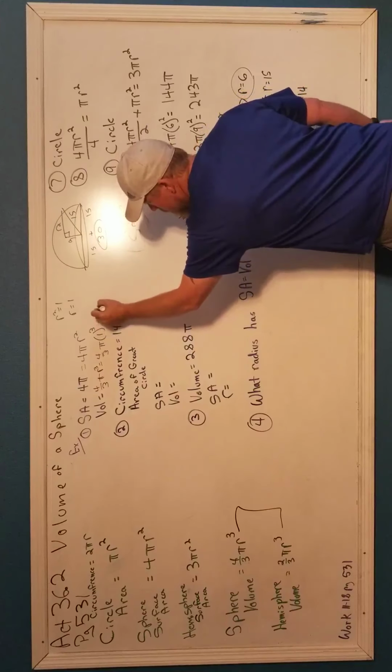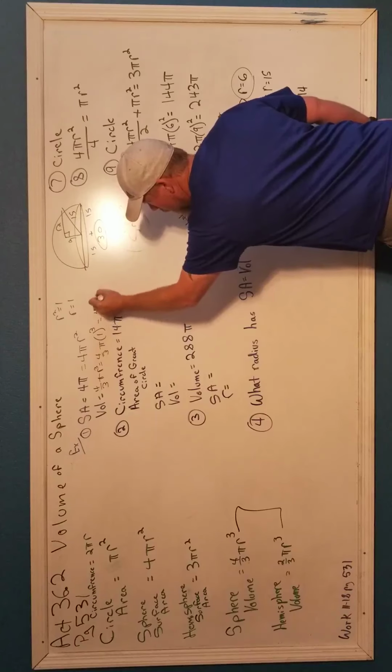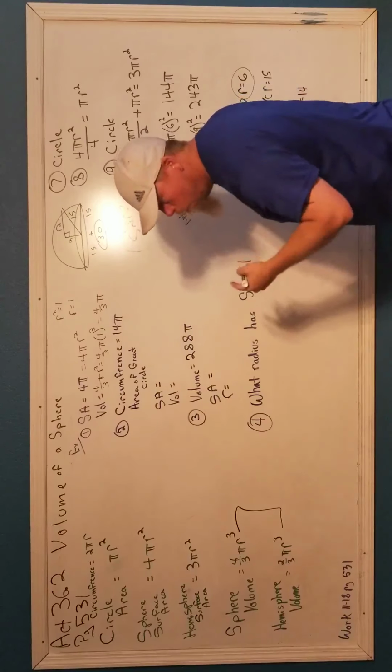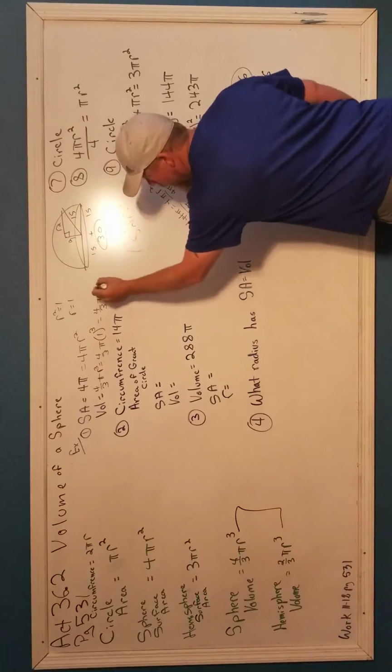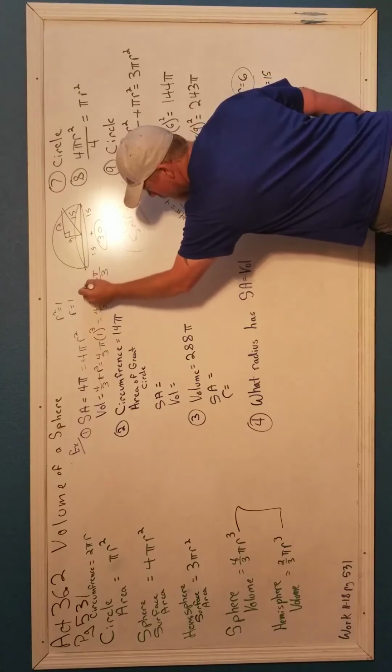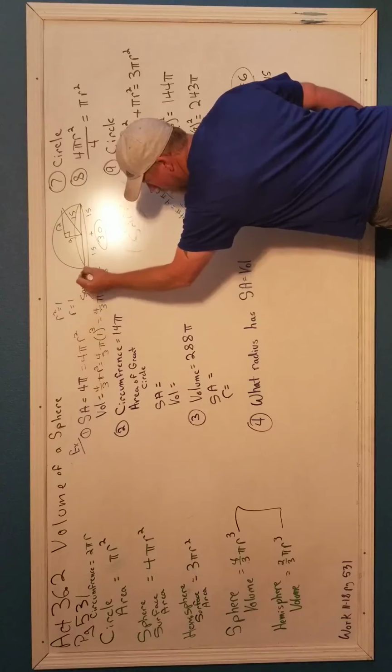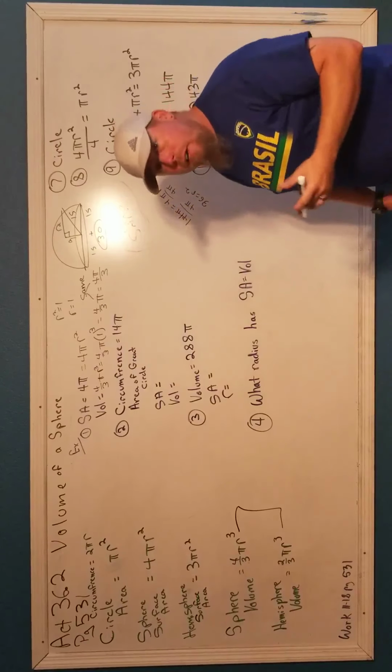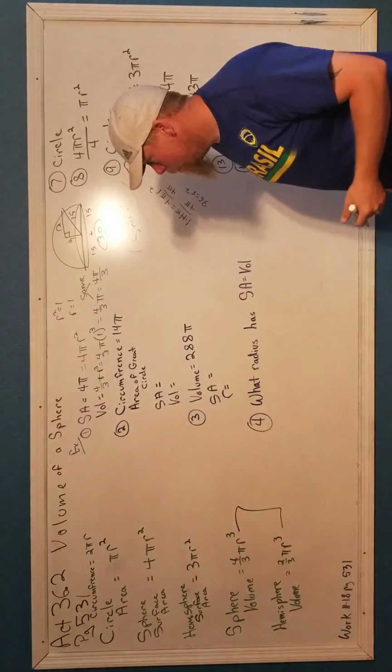So our answer here is just 4 over 3 pi. You can write it as 4/3 pi, or as 4 pi over 3. These are the same thing. On our test, be able to go back and forth, but I don't really care which one as long as you understand it.